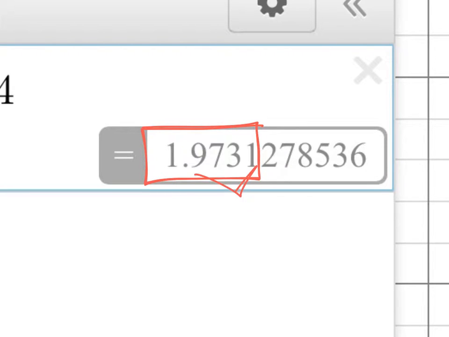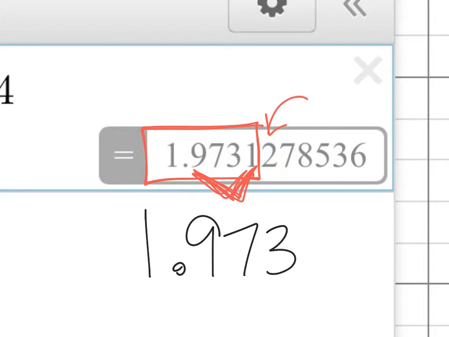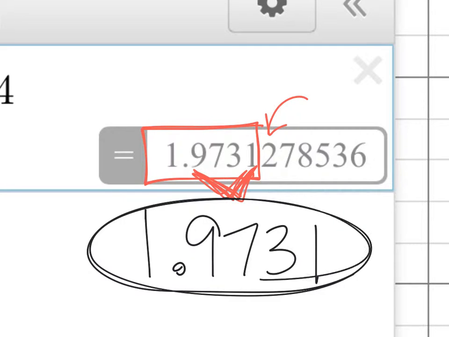And that 2 tells you to round down, so our answer is 1.9731. And whatever place it says to round to, that's where you chop it off and you look at the next door number. If the next door is 5 or higher, you round up.